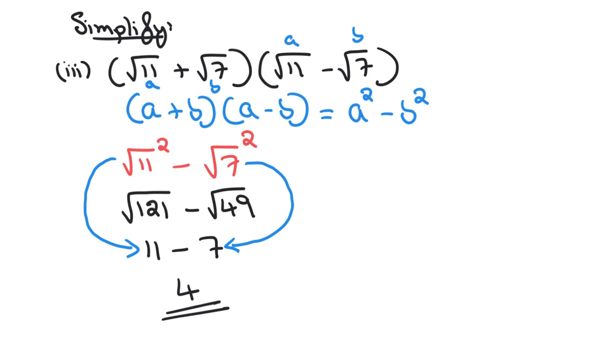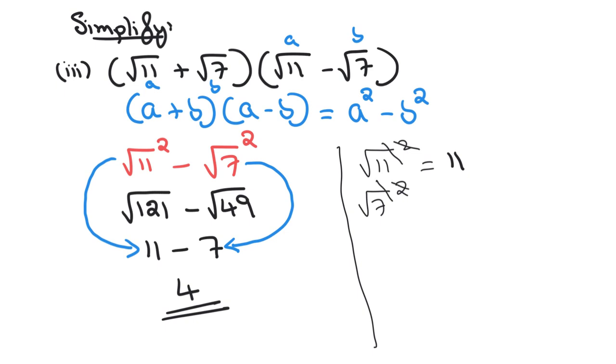So can we generalize this? Root 11 squared, what will it be? I can simply cancel out the square root and the square. It is 11, as we saw. Root 7 squared, what is it? Can we cancel out the square root and the square and we say 7?